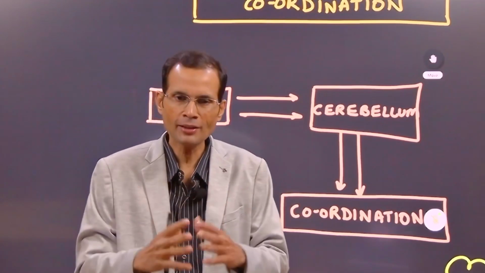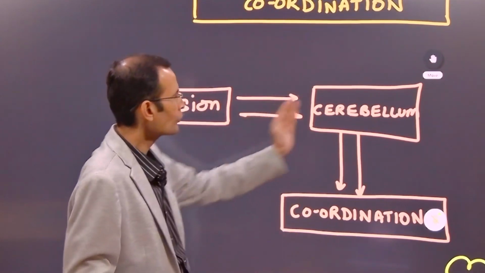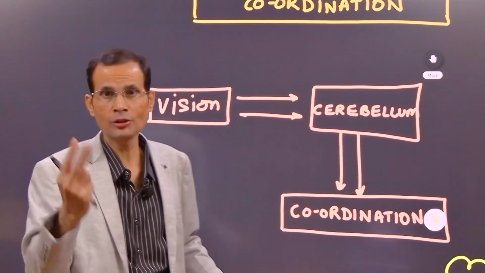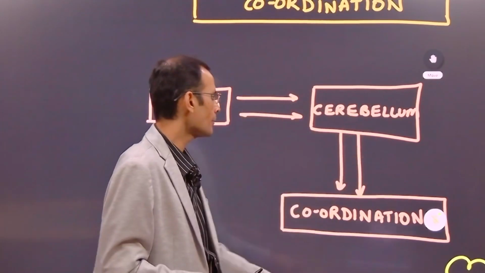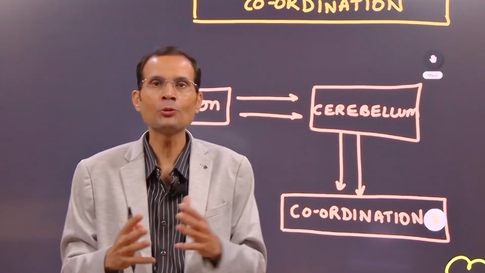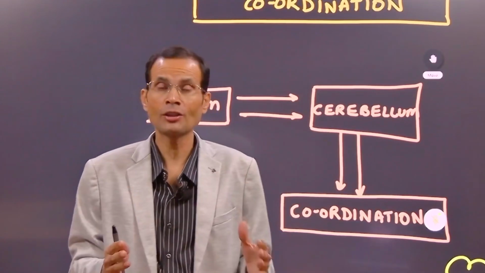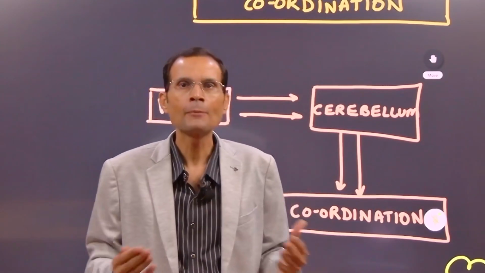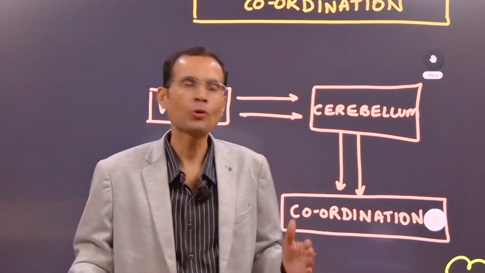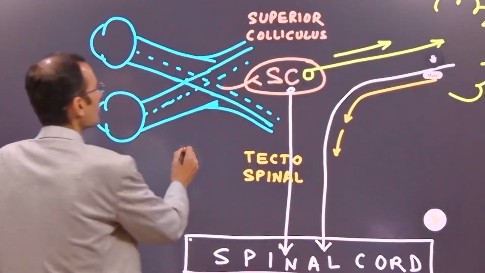Coordination between various muscle groups is the function of cerebellum. So visual signals have to be sent into the cerebellum, and then cerebellum, based on those signals, will execute the coordination between muscle groups, particularly the hand muscle groups, and that would be the eye-hand coordination. So the circuit is like this.